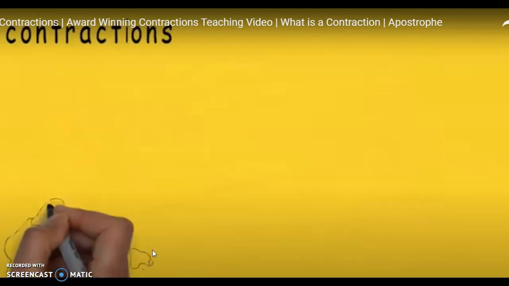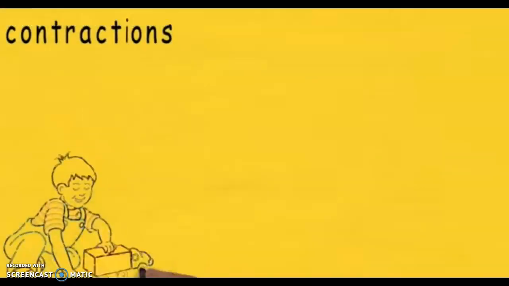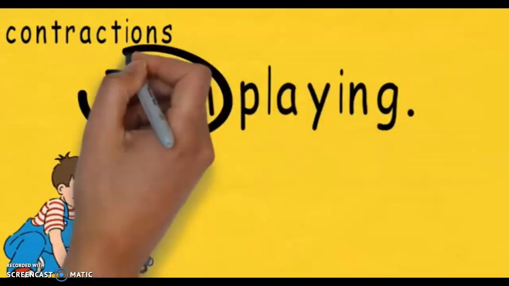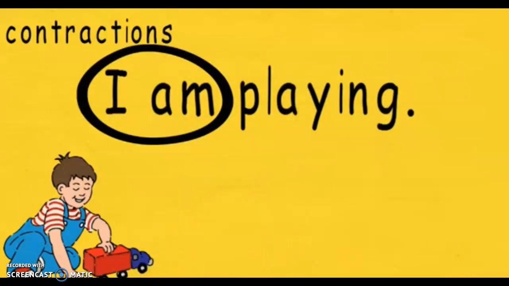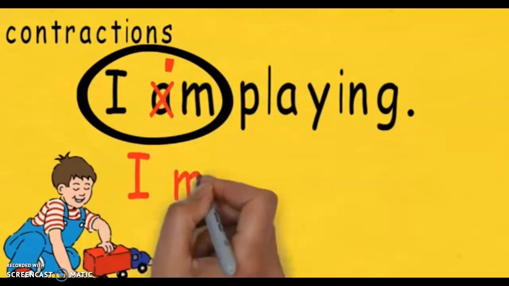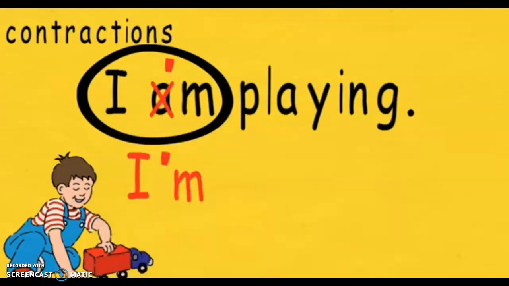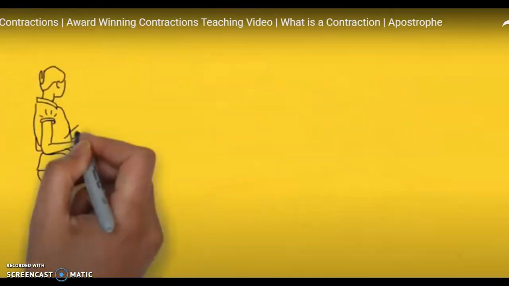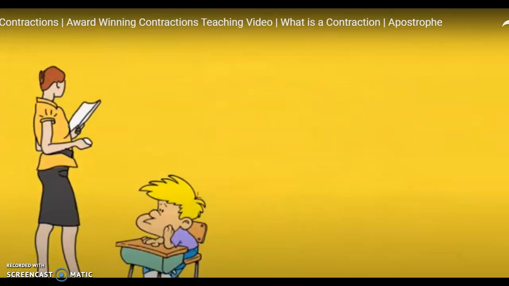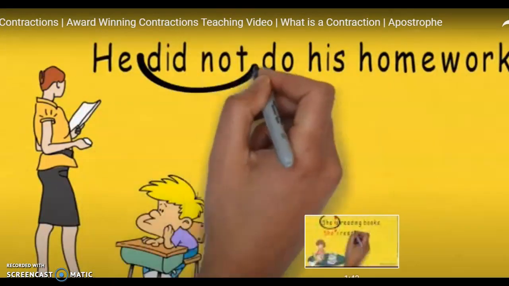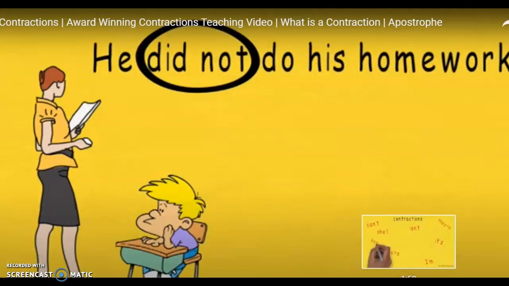Forms of combining two words together to make one word. For example, if I wrote the sentence, I am playing, I could make the words I and am into a contraction. By replacing the A with an apostrophe, I am now becomes the contraction I'm, making my new sentence, I'm playing. Let's look at another example. He did not do his homework. I could make the words did not into a contraction.